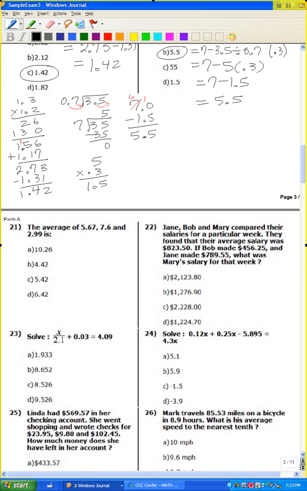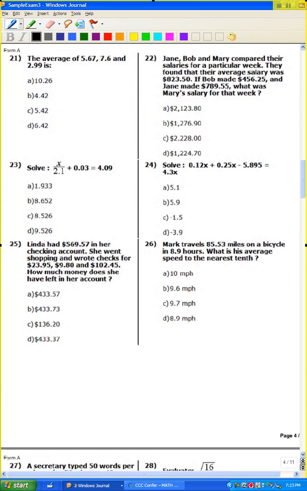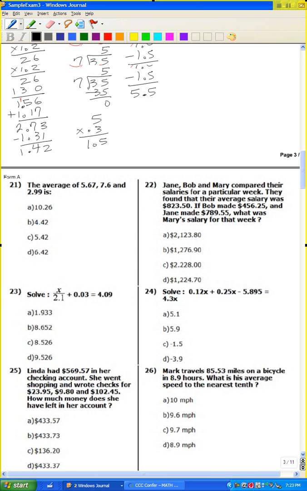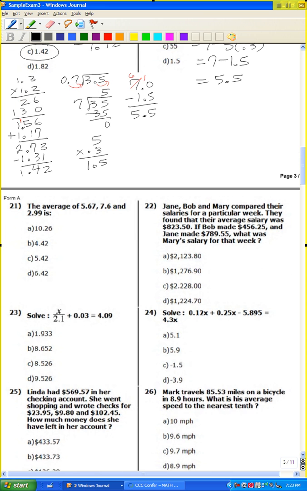Let me do problem number 21. The average of, well, first let me find the sum. And so let's add 5.67 plus 7.6 plus 2.99.